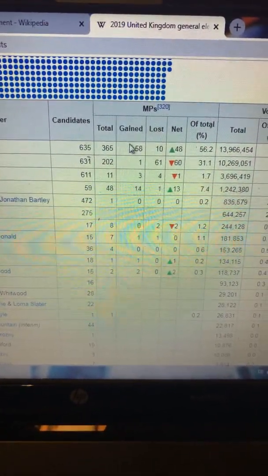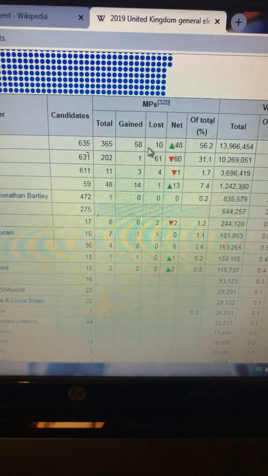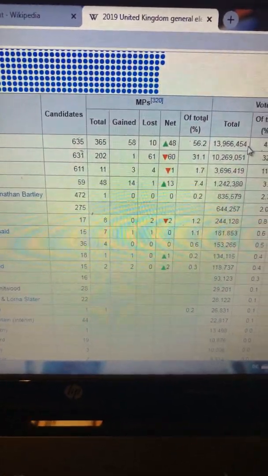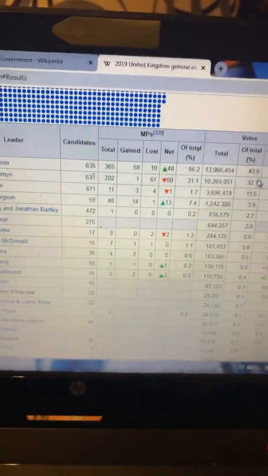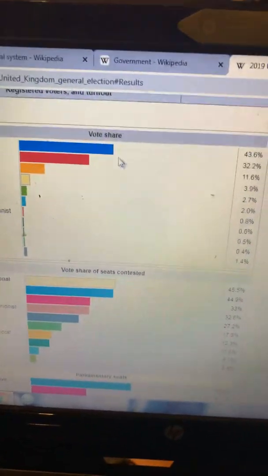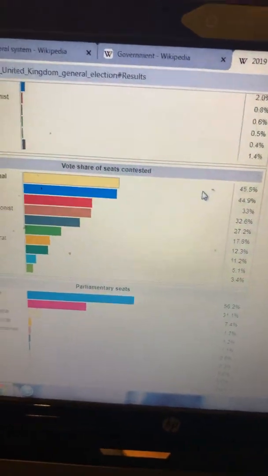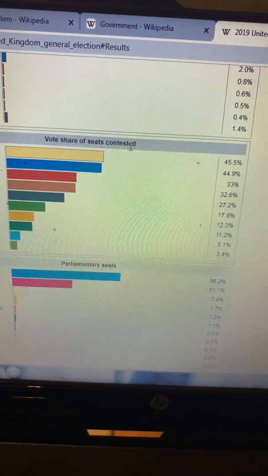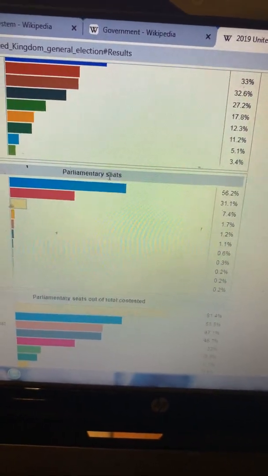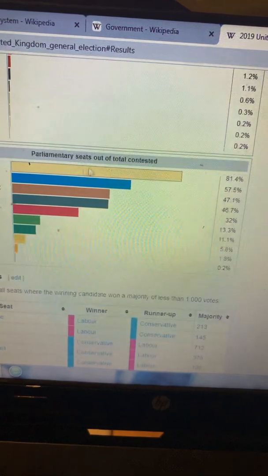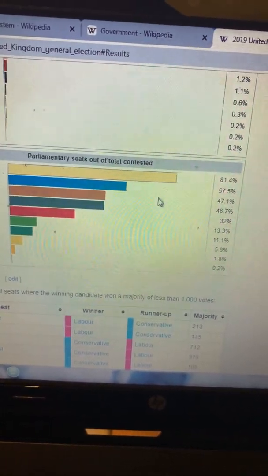Candidates total here. Vote share, percent, and the seats. Parliamentary vote share of seats. Parliamentary seats.